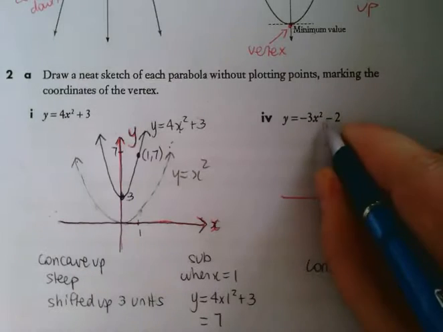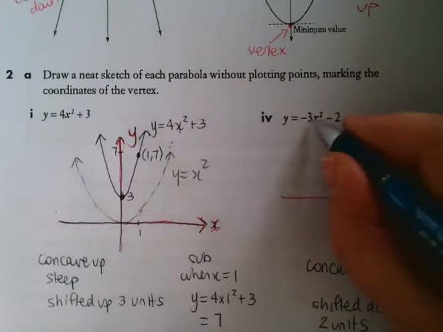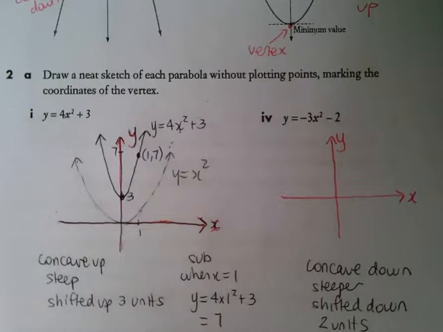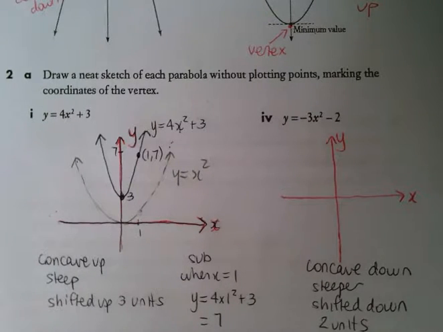It shifted down 2 units. Is it steep? Somewhat. Yeah, and it's steeper than your normal y equals negative x squared curve. Now, I probably should have lifted this up a bit.